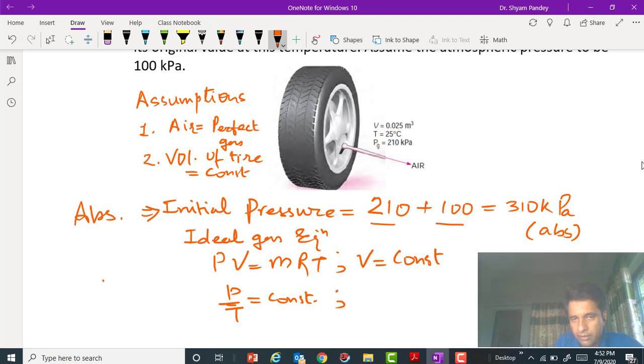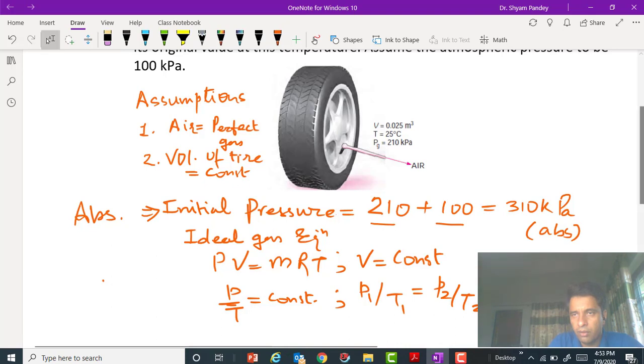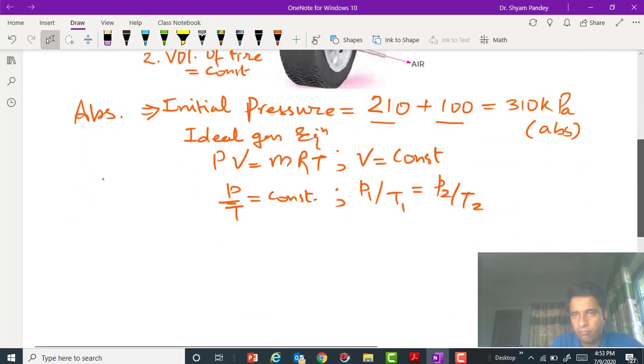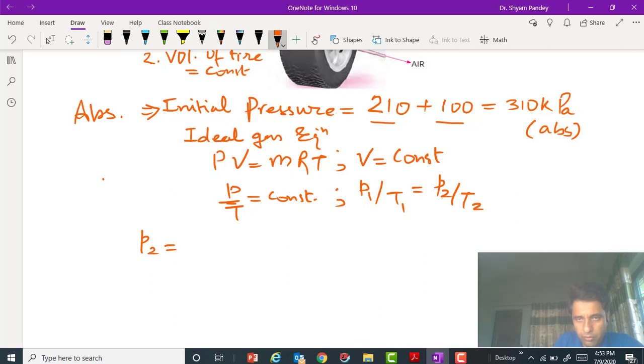So we can write P1 by T1 equals P2 by T2. If you solve this out, we get P2. So now you can write P2 equals T2 by T1 into P1.